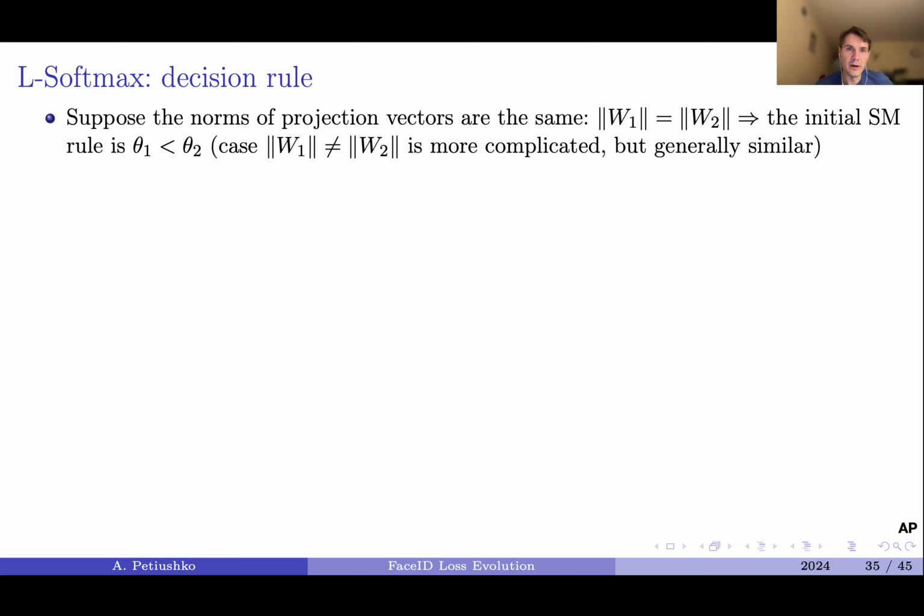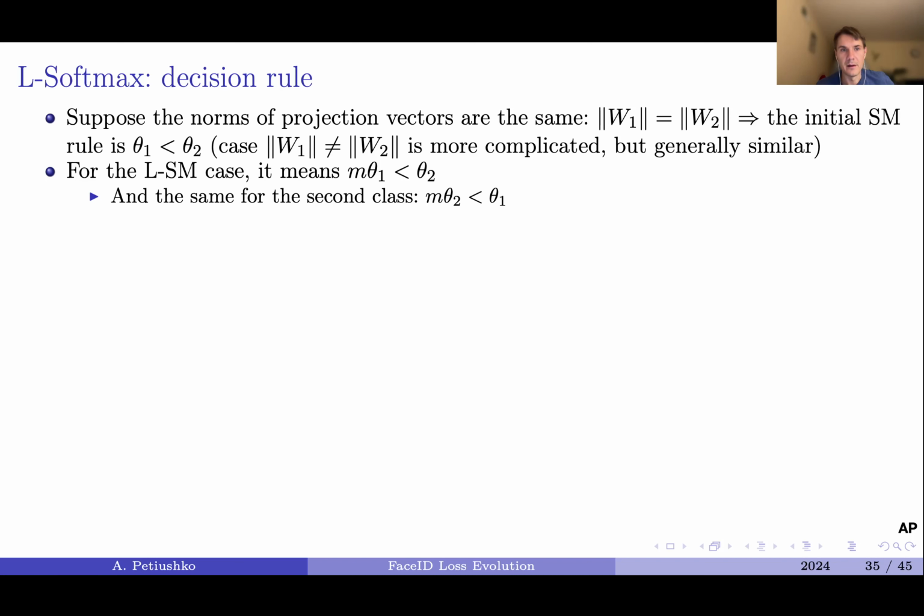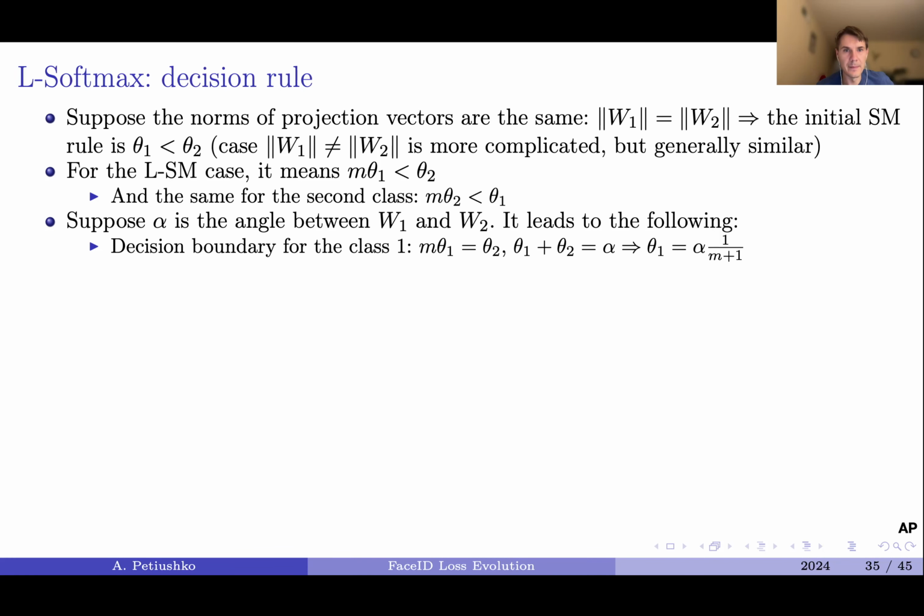The case where the norms are different is a little more complicated, so you can refer to the paper, but generally the results are the same. For the L-softmax case, it means that m theta 1 is less than theta 2. When we switch the classes, it is the same: m theta 2 is less than theta 1.